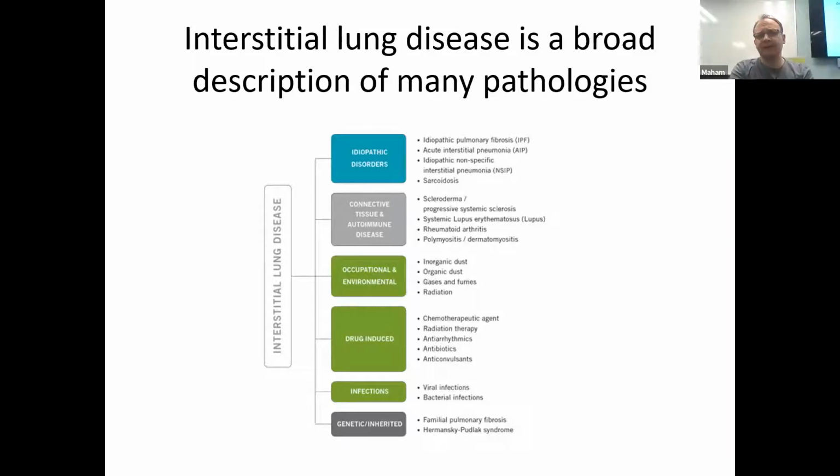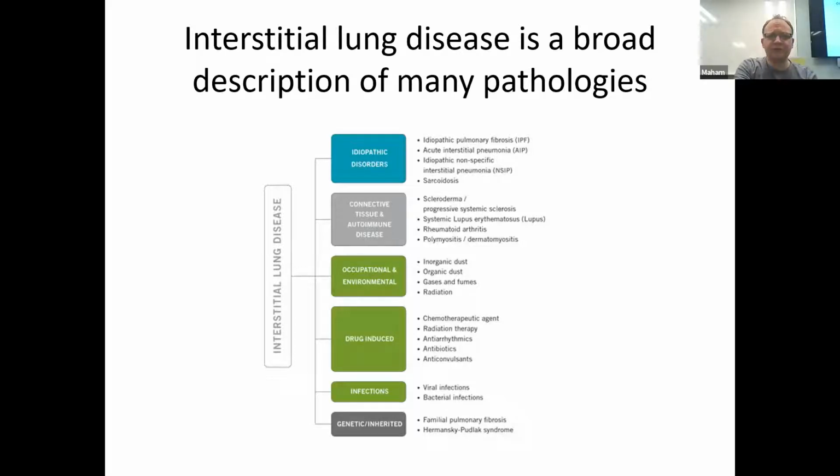But to give you a broad view of interstitial lung disease, most of us think about the IPF folks, idiopathic pulmonary fibrosis. And these idiopathic disorders here are grouped together and often cause restrictive lung disease. Some of them can also cause obstructive physiology.